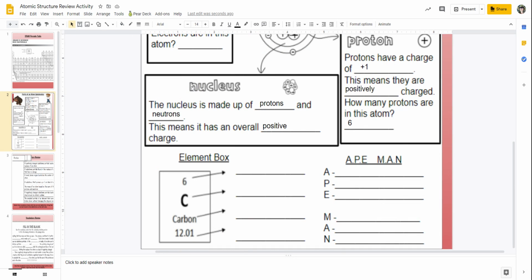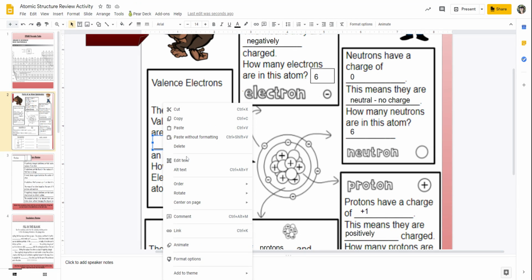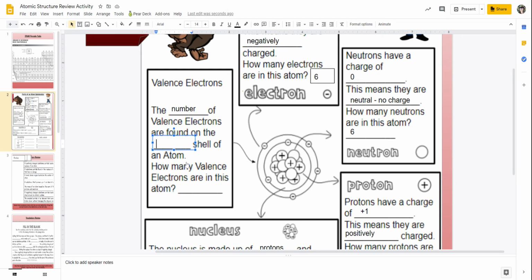Then we're going to talk about the special electrons. We're going to talk about the way we find the number of the valence electrons. The valence electrons are found on the outermost shell of the atom. How many valence electrons are in this atom?